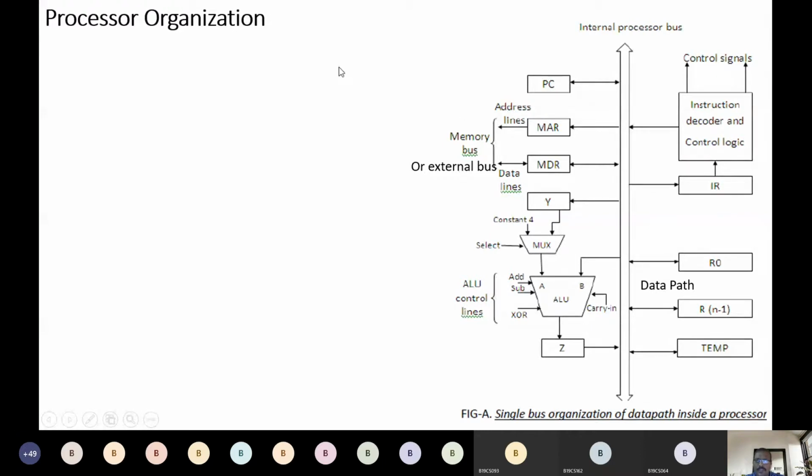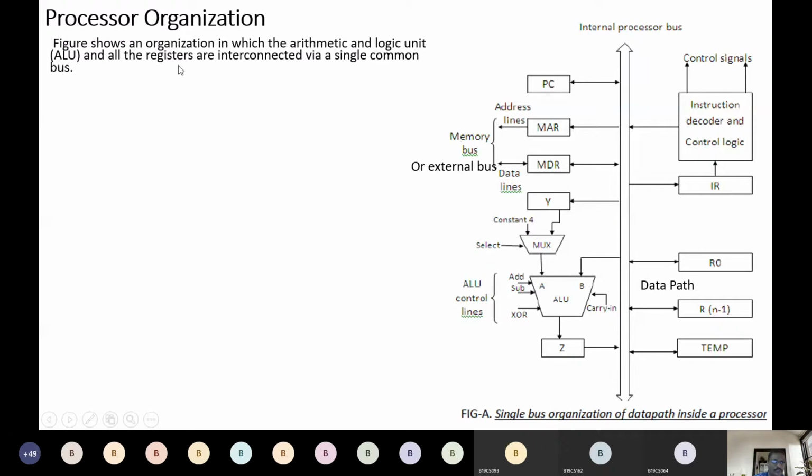From these connections, address lines are connected to MAR, and data lines are connected to MDR, and you can see control signals to this one. The same explanation is given here.